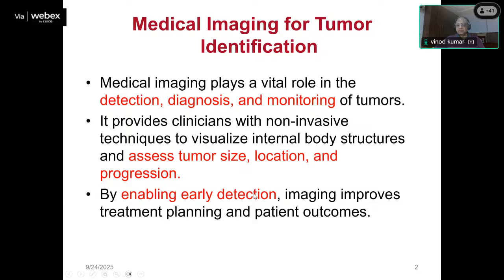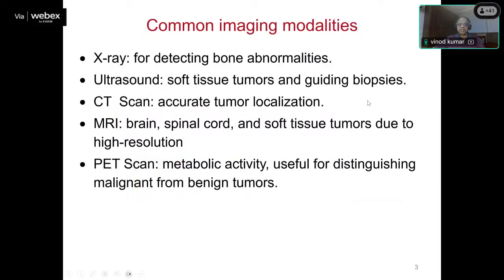Early detection is also possible even at the incipient level, when the tumor has just started developing, which otherwise with the help of general clinical examination is not visible. Imaging improves the detection as well as treatment planning, and the outcome of the patient is much better.